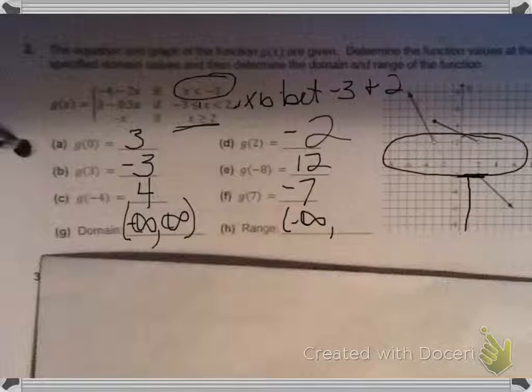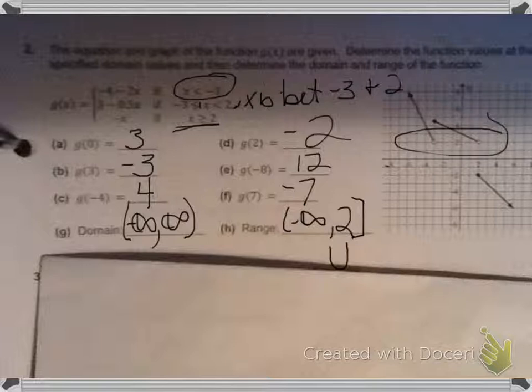There are no graphs. So it stops at -2, and it's a closed circle, so we put a bracket, union with, and it picks back up at positive 2. And it's an open circle at positive 2, so we use a parentheses. 2, and then it just keeps on going because of that arrow.